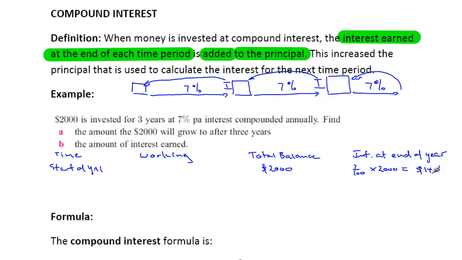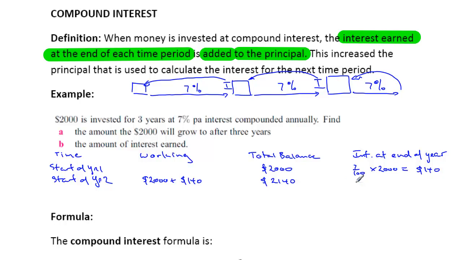Now at the start of year two, we take our $2,000 that we had originally and we add the interest, as we said in the diagram, of $140, which gives us a total balance of $2,140.